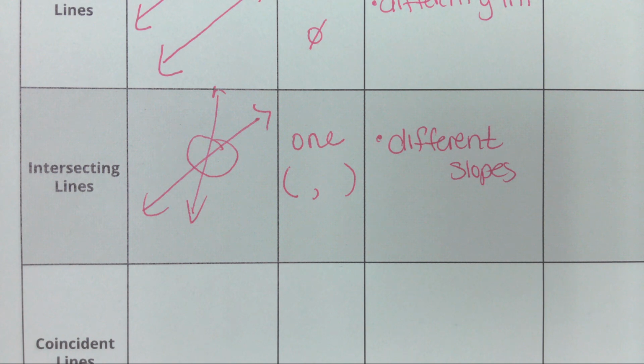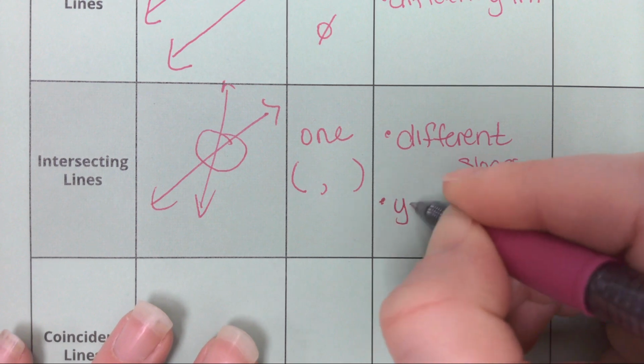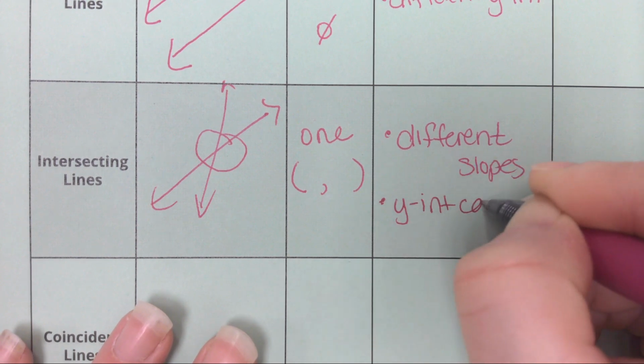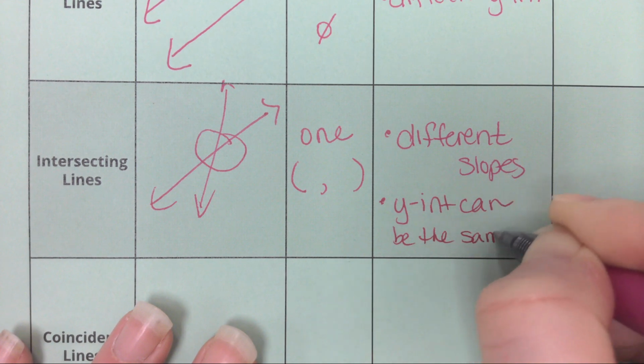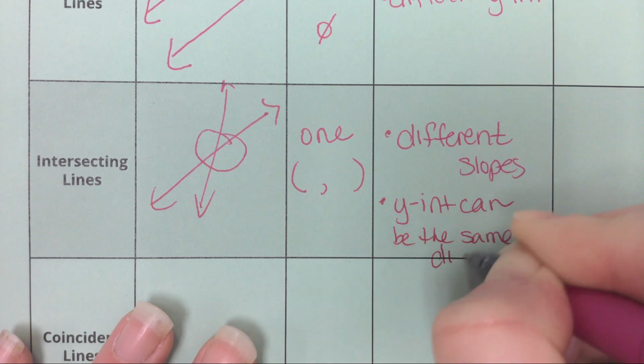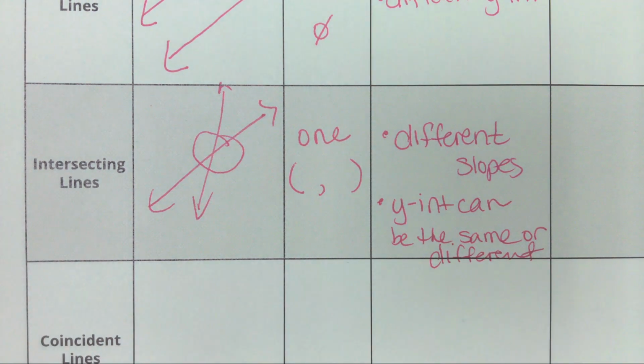The big deal is their slopes have to be different. Because if they're sloped at different angles, eventually they're going to meet. So for the y-intercept, I'm going to write y-intercepts can be the same or different.